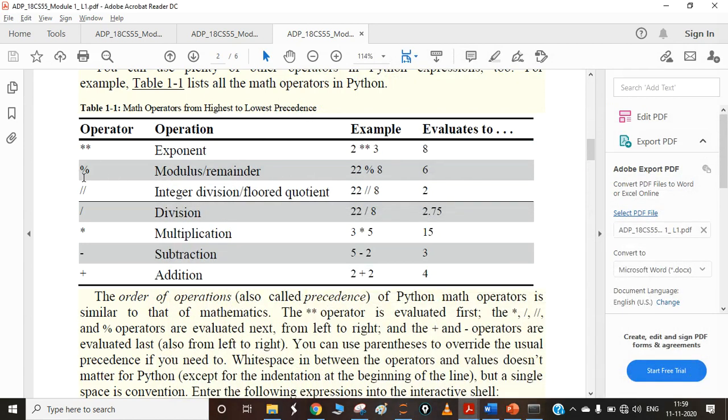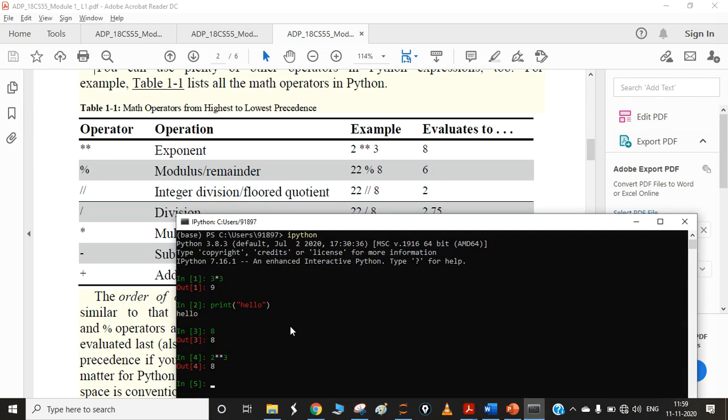Similarly, this we call the remainder operator, the modulus operator. The result of the modulus operator will be the remainder. So 22 mod 8 gives a remainder of 6. 8 ones are 8, 8 twos are 16, so 22 minus 16, the remaining number, that is the remainder, is 6.